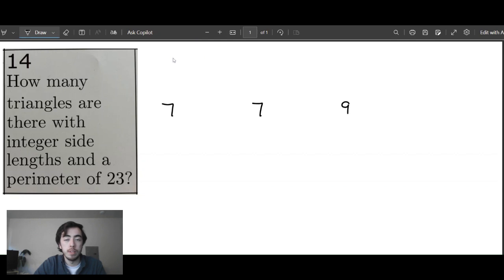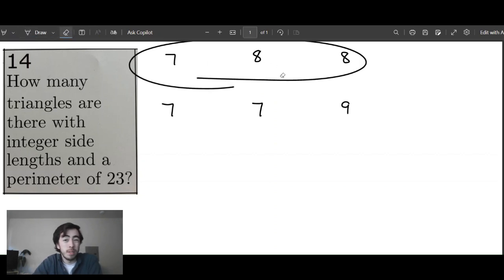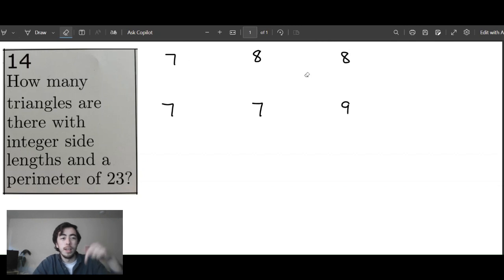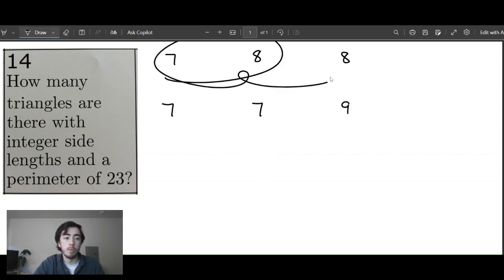I know that 8 plus 8 plus 8 is 24. And so 7, 8, 8 will get to 23. And this is a triangle because the two smaller ones do add up to more than the big one. When all my side lengths are close in value, I'm not really worried about that condition. It's more so when I'm at the bottom of this list that I'll start worrying about two of these lengths adding up to more than the third one.